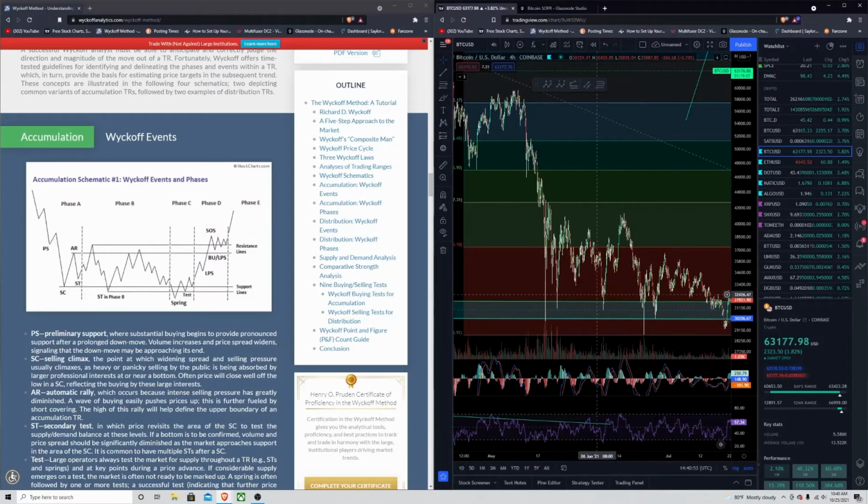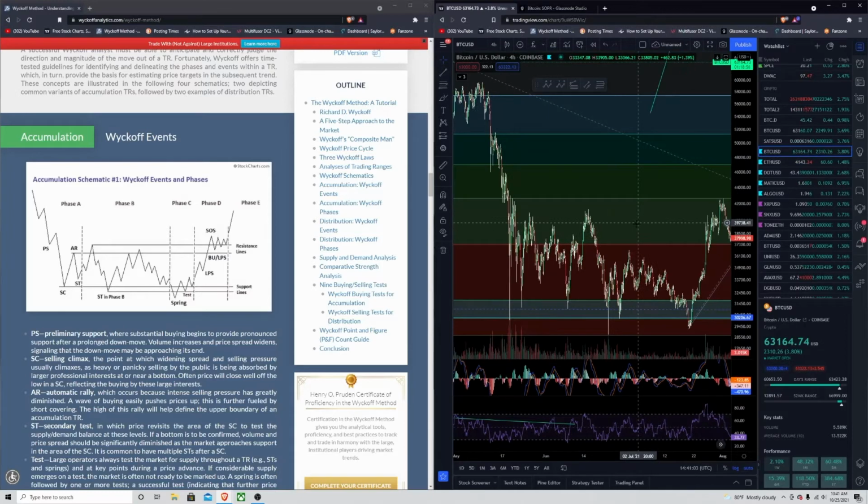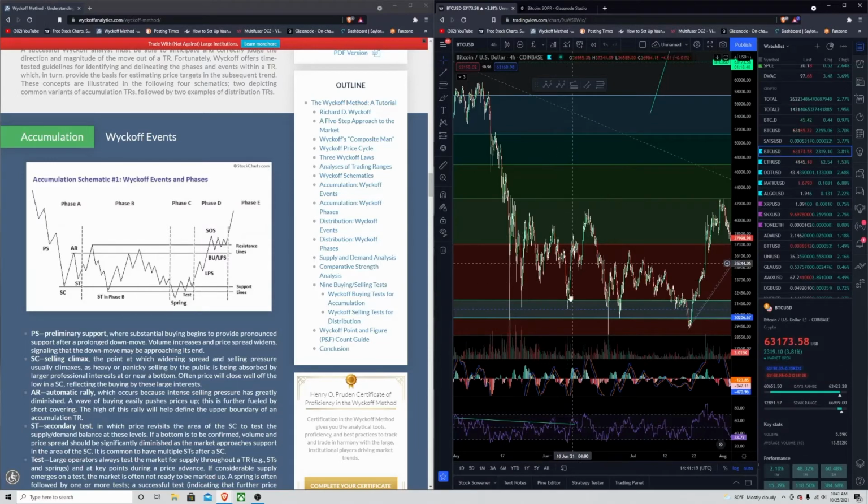And once you've established that this accumulation, we'll call it a range, that this type of consolidation in a range is happening, I immediately say, hey, this is looking a lot like an accumulation schematic 1 or schematic 2. And so this is exactly what we have here. We have these tests at resistance up here, and we have these tests at support around here. And that's exactly what happens.